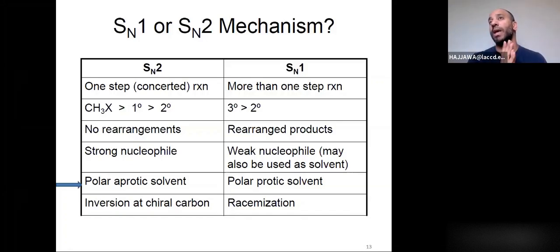So the solvent as a factor will not determine the pathway of a reaction, whether it's SN1 or SN2, unless I have a secondary alkyl halide and a moderate nucleophile. Keep that in mind. Why is polar aprotic important for SN2 and polar protic important for SN1?